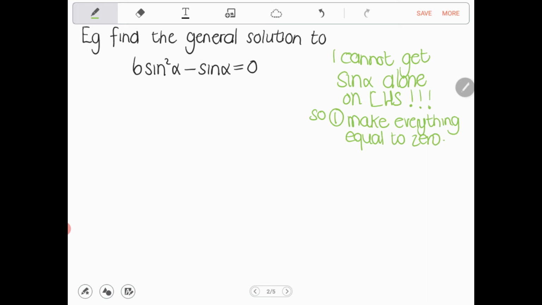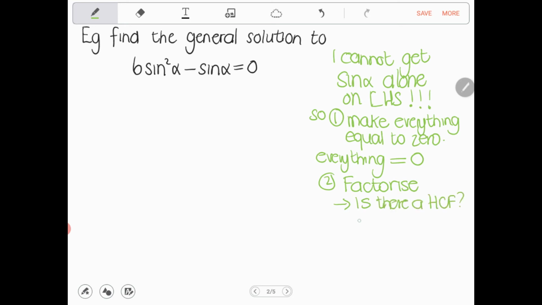So you move everything to one side with a 0 on the other side. And then you try and factorize. And your first question, is there a highest common factor? If yes, take it out.